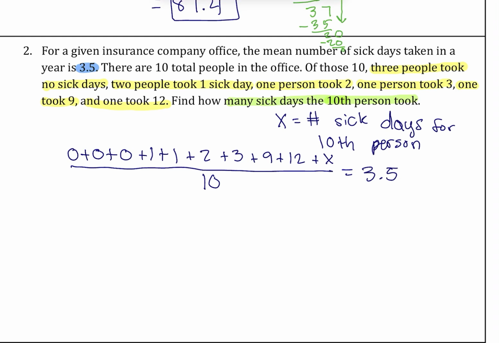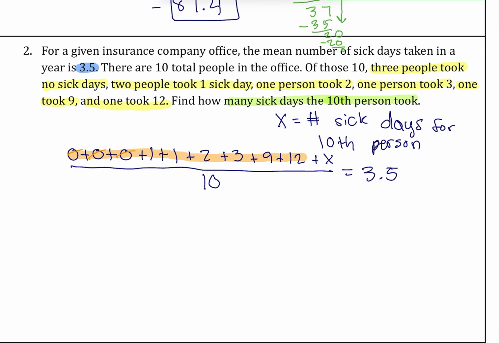The next thing we can do is start by adding these numbers together. The zeros are easy because when you add zeros together, they don't add to anything, so we can pretty much just ignore those.